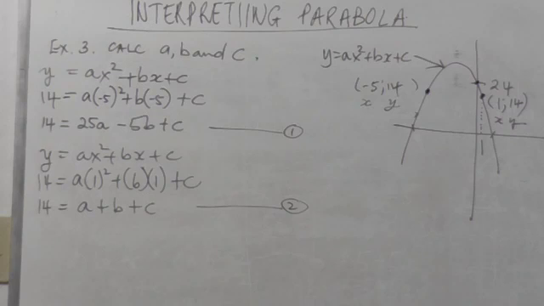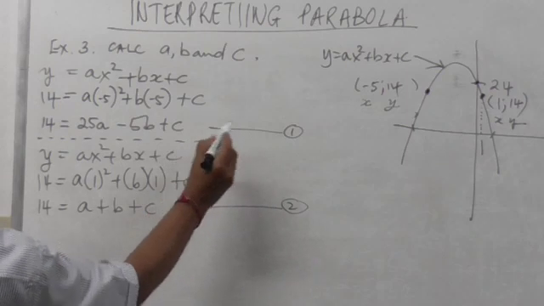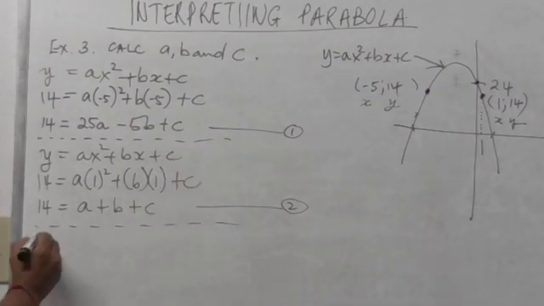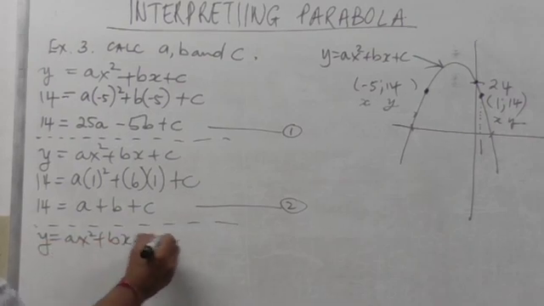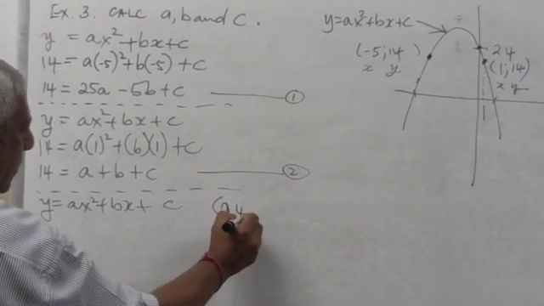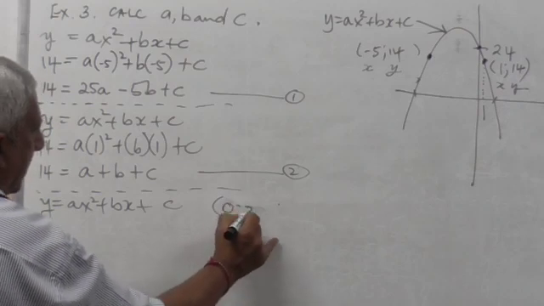Now one more. We use the y-intercept. Now we're doing the third one. Y is equal to ax squared plus bx plus c, and we're using 0 and 24.